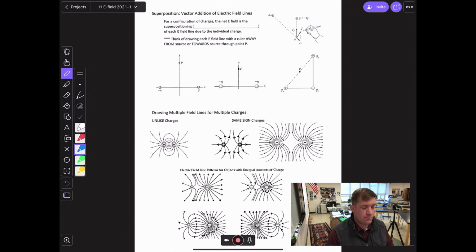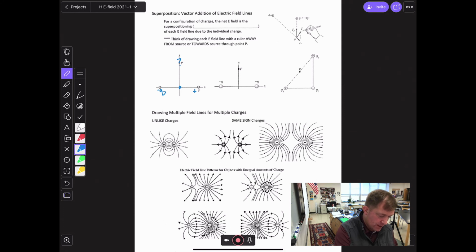Okay, so what if you have multiple charges near each other? What if you have a charge that's negative and positive, and they are kind of equal distance from a center point, and you're trying to describe, well, how strong is the field and what direction is it going at different positions? What you would have to do is add vectors.